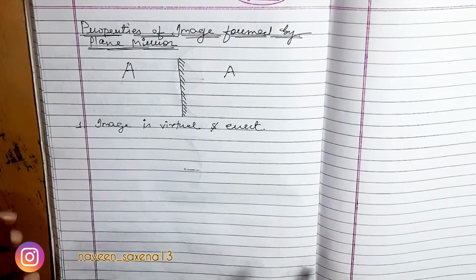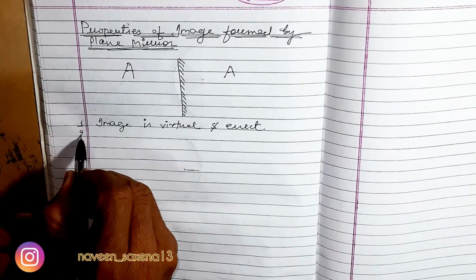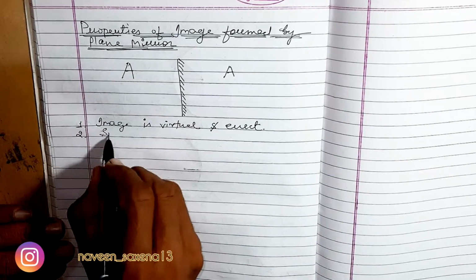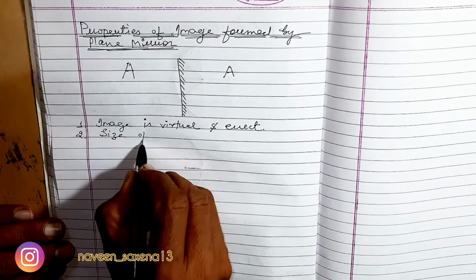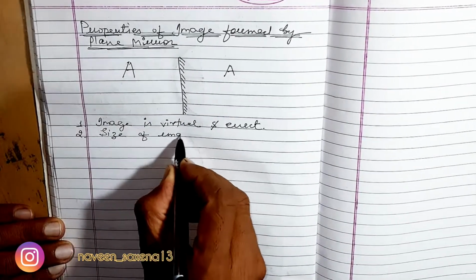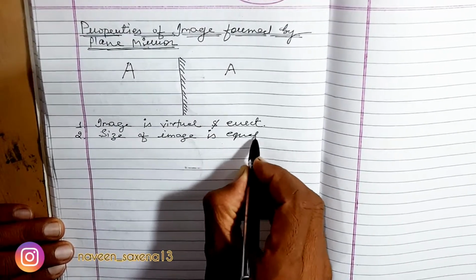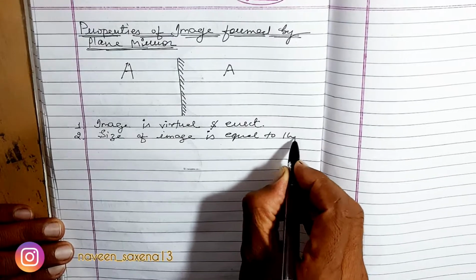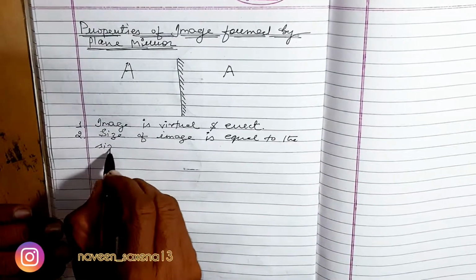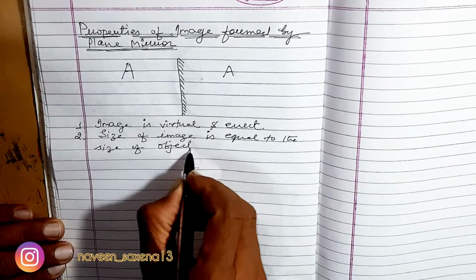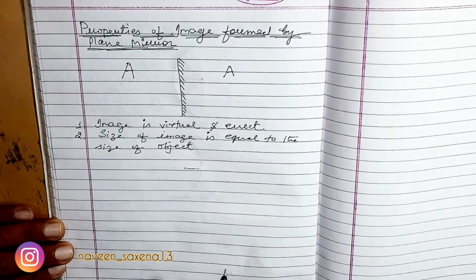Second is size of image is equal to the size of object.